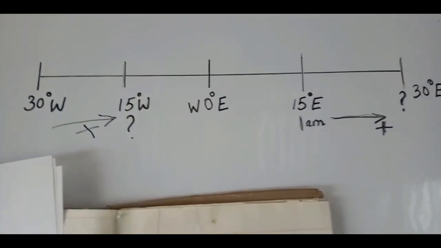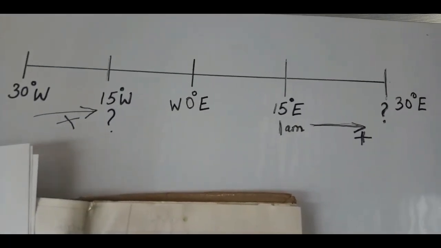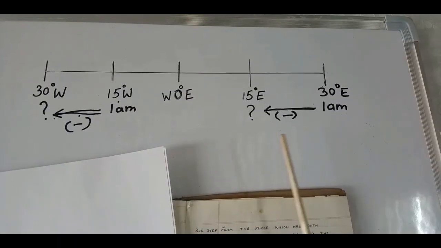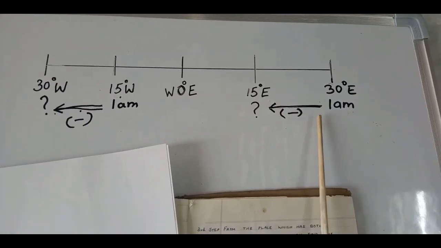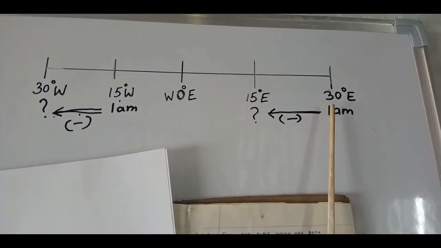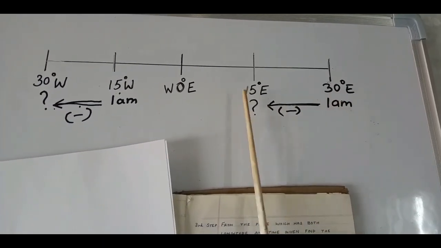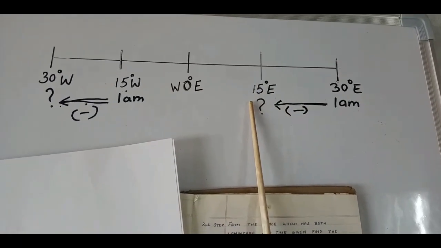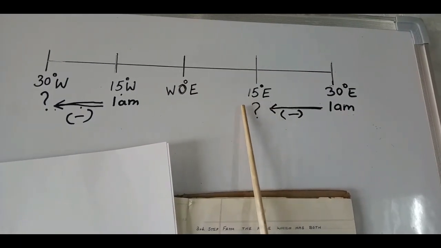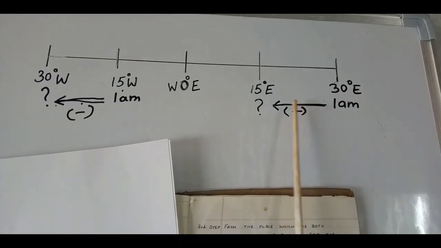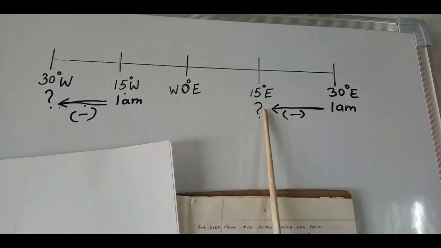Now I'll tell you what happens when one has to move towards the other side. Now children, in the same manner, if the time of 30 degrees east is given and 15 degrees east we have to find. We do not know the time of 15 degrees east. It lies to the west of 30 degrees.